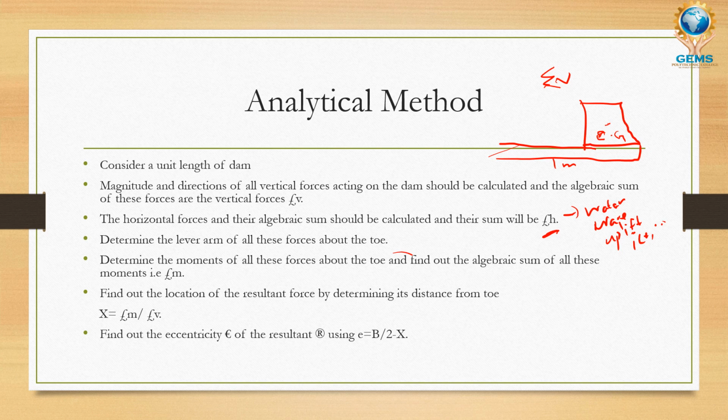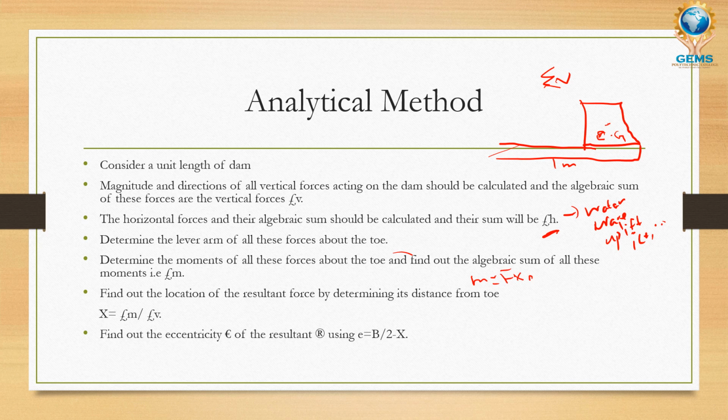First you are going to find the summation of moment for the vertical forces. You know how to find moment: force into distance is called moment. Kindly understand, I have explained this in the previous slides.